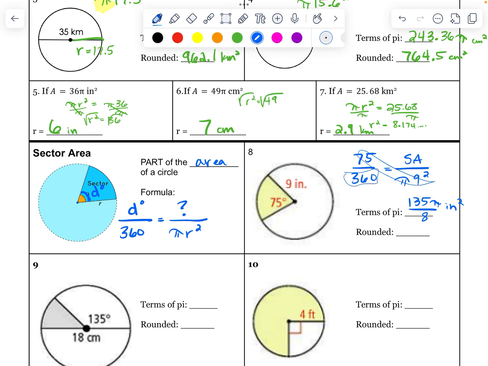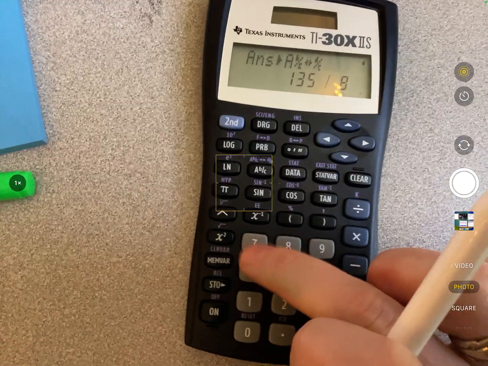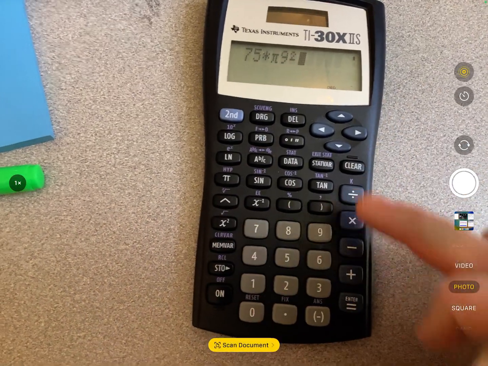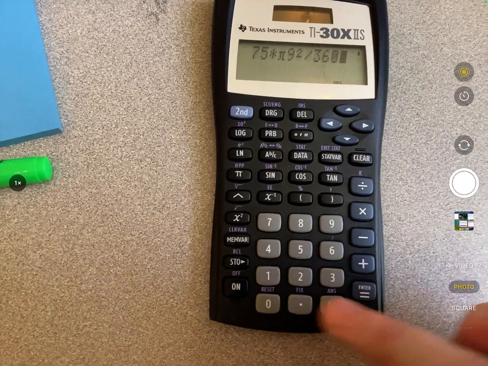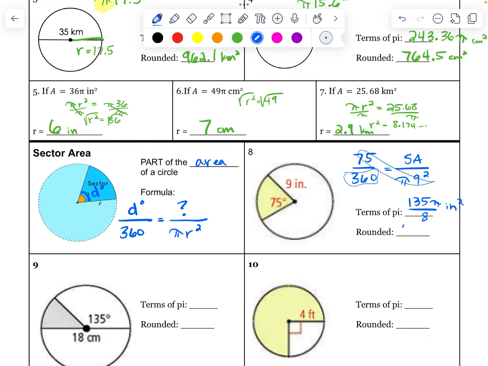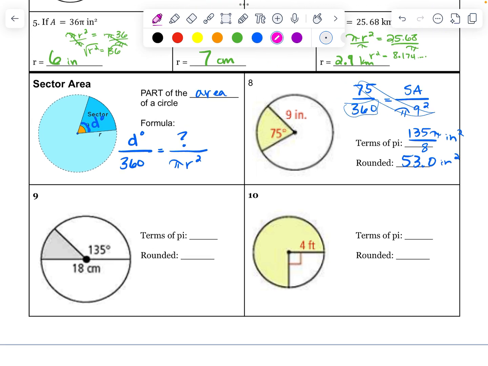So let's start all the way from the top. 75 times pi 9 squared divided by 360 is 53.0. I'm pretty sure your test on this is multiple choice. I think your quiz is not though. So I need you to know how to do this both ways.